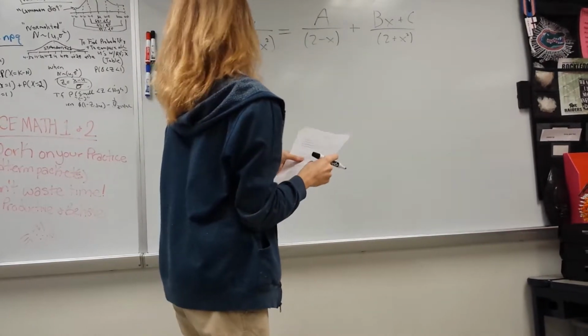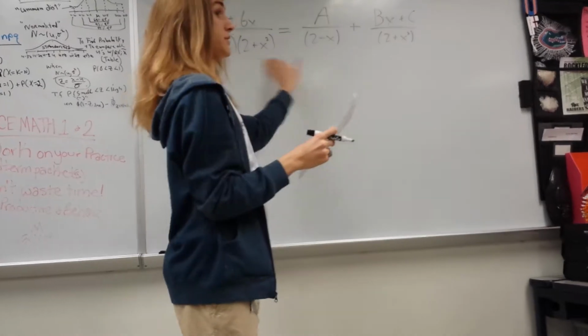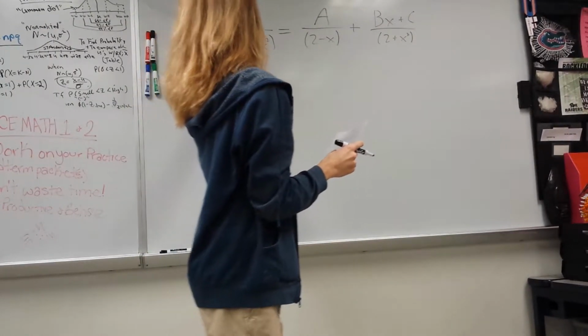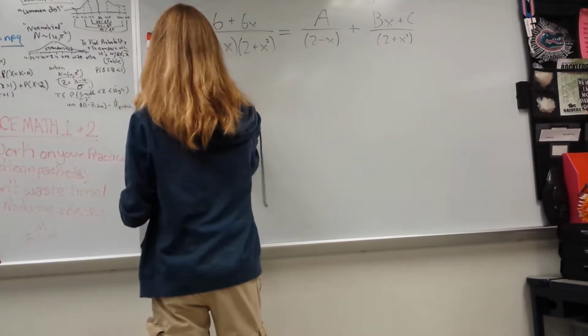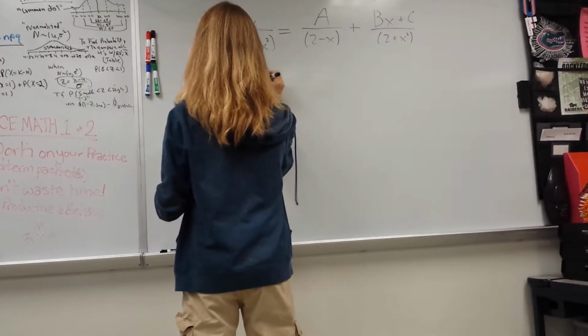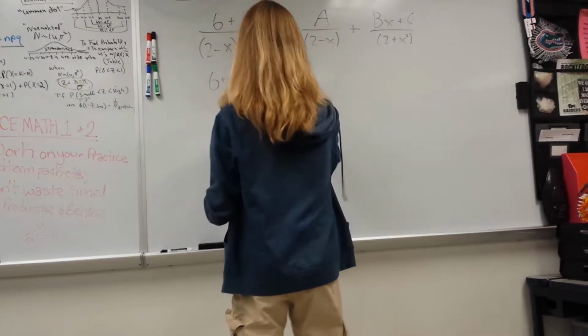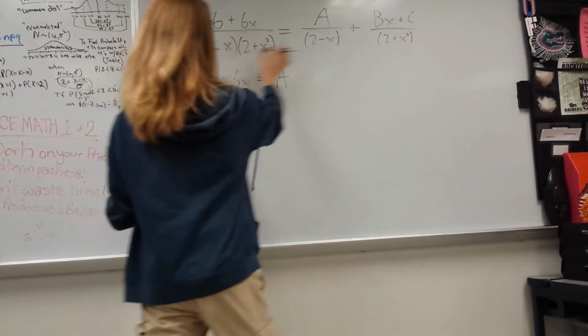So what we want to do is, first, we want to multiply the entire thing by whatever's on the bottom here. So, by these two things, we're going to multiply it all the way across, which means it's going to cancel out here. We're going to have 6 plus 6x equals, so for a, we're multiplying by both of these things. So it means these two are going to be in the numerator.